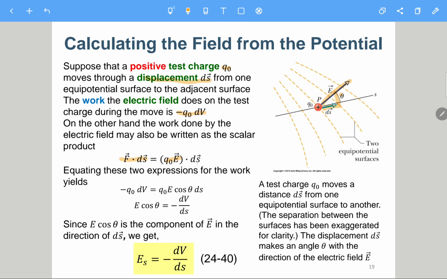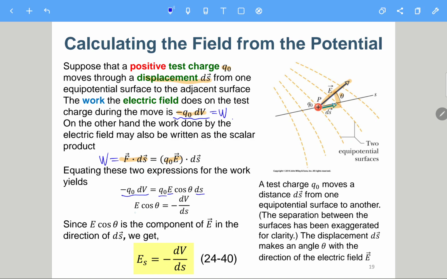So this one is the work done, and we change it to this term. For the right side, we have Q0 here, and then E dot ds is E ds times cosine theta.